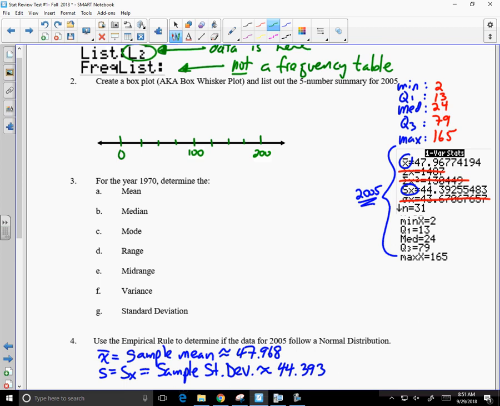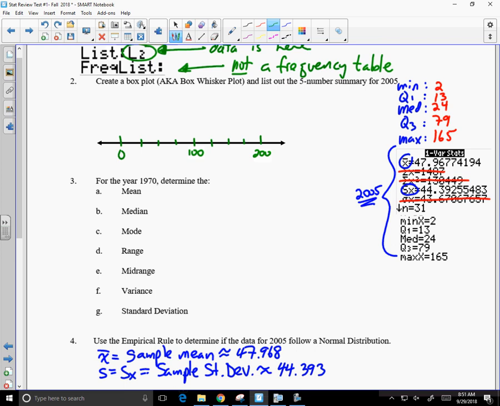And also something else that people do is they'll just draw a generic box plot and then they'll label it 2, 13, 24, 79, and 165. This is completely wrong.